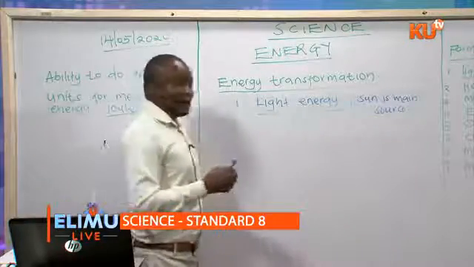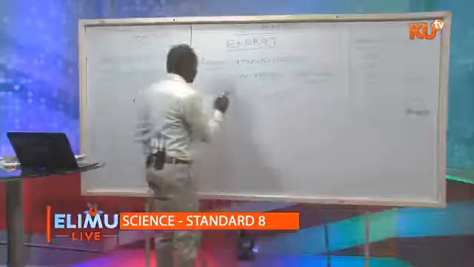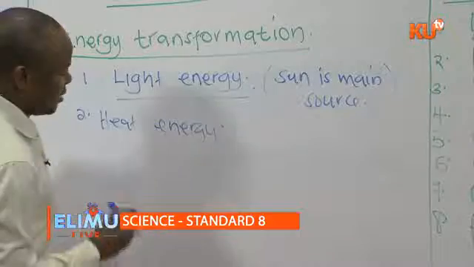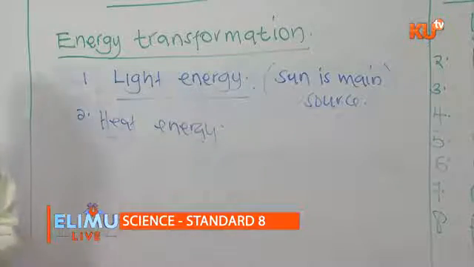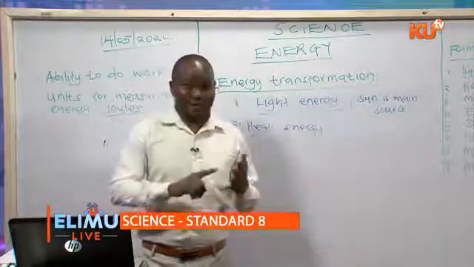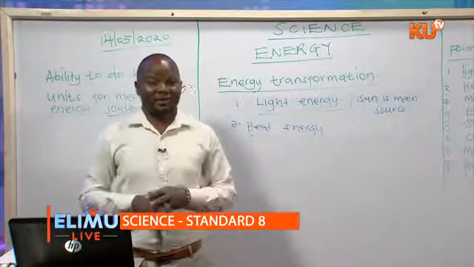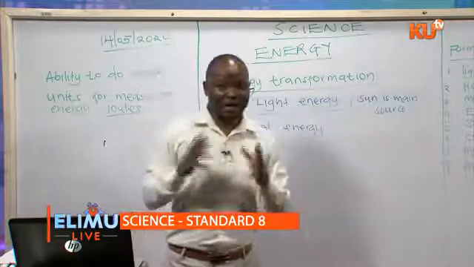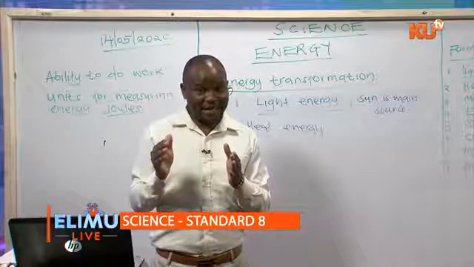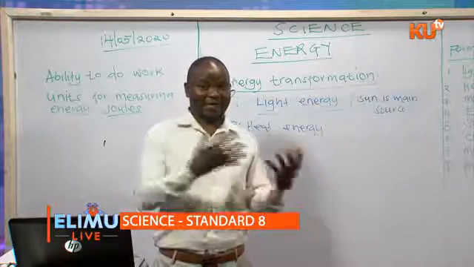Then, number two, we have the heat energy. Heat assists us to do so many things which the light cannot do. Light enables us to see. When there is the sun, a bulb, a torch or a lamp, we can see. But heat is not used for seeing or taking a photograph like the light.